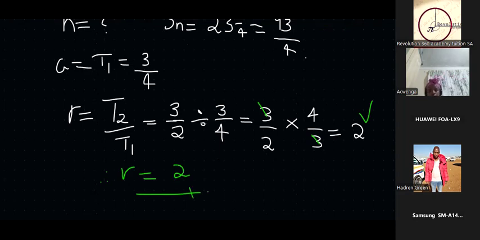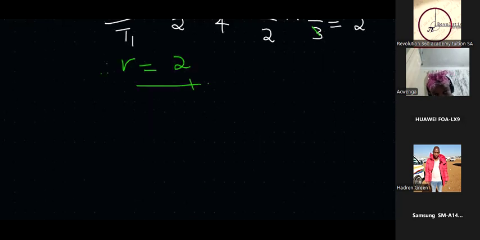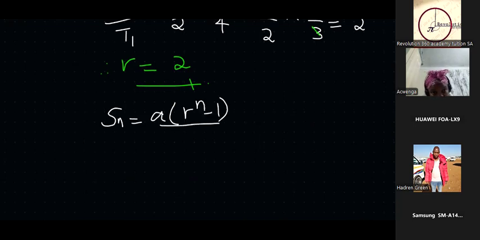And then since our r is 2, and they're saying the sum, and this is a geometrical series, you'll choose either one of the two formulas, and I'm going to show you how to get the correct formula. Now remember, we're having those two formulas. Sn equals a into r to the exponent of n minus 1, all over r minus 1. You use this one when r is bigger than 1.